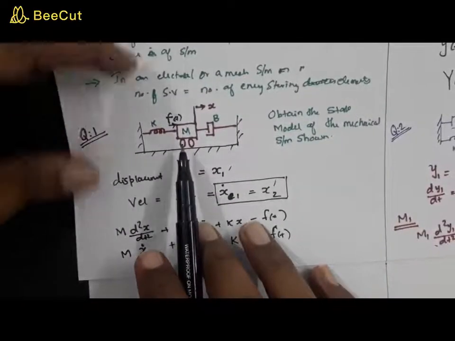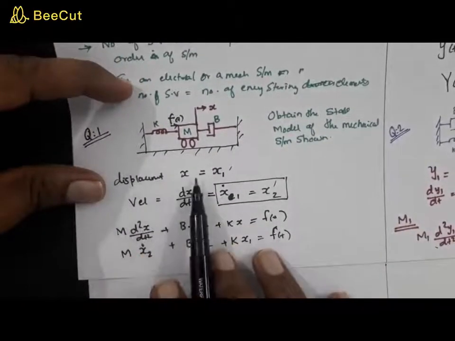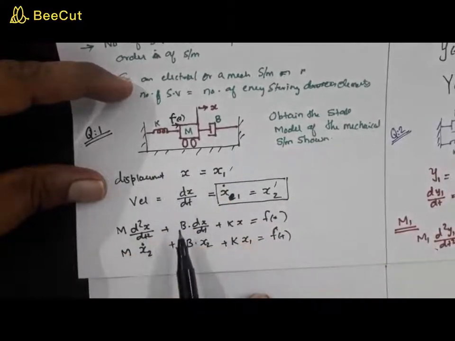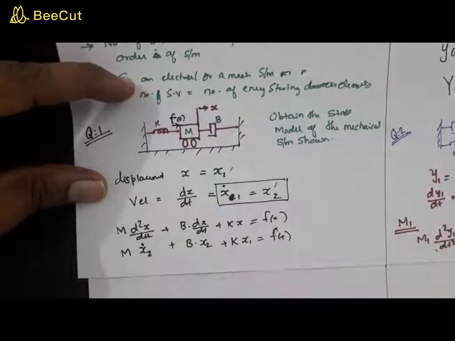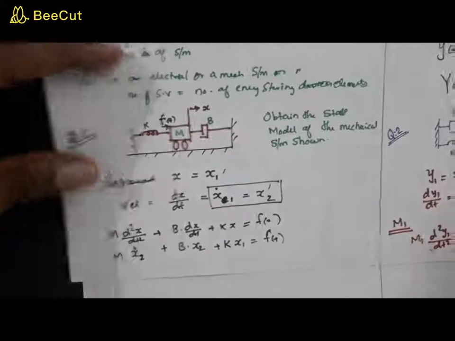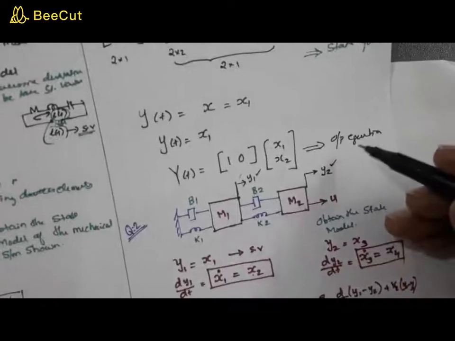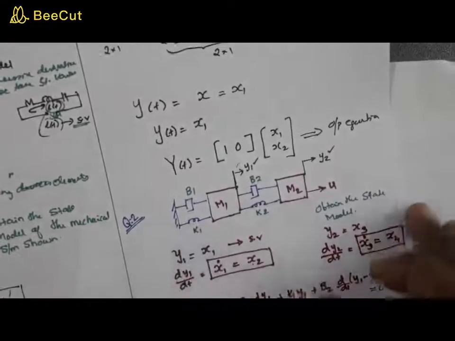For example, we have seen this mechanical system. Here the physical variable is the displacement, and based on the displacement and its derivatives we have assigned state variables and come up with the state equation as well as the output equation. This is another example which we have done, the case of a mechanical system, and we have derived this.